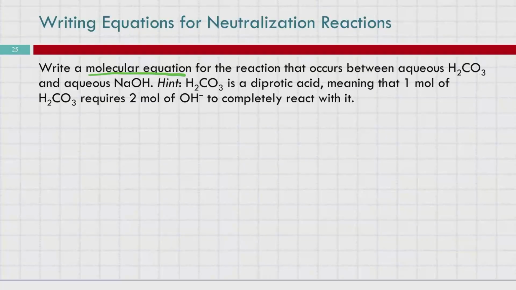Do we have charges? No charges. What's a different type of equation other than a molecular equation? Ionic, either complete or net ionic. So we're doing the molecular equation, we're showing the full and complete structures, not as they exist in solution, but with neutral compounds.